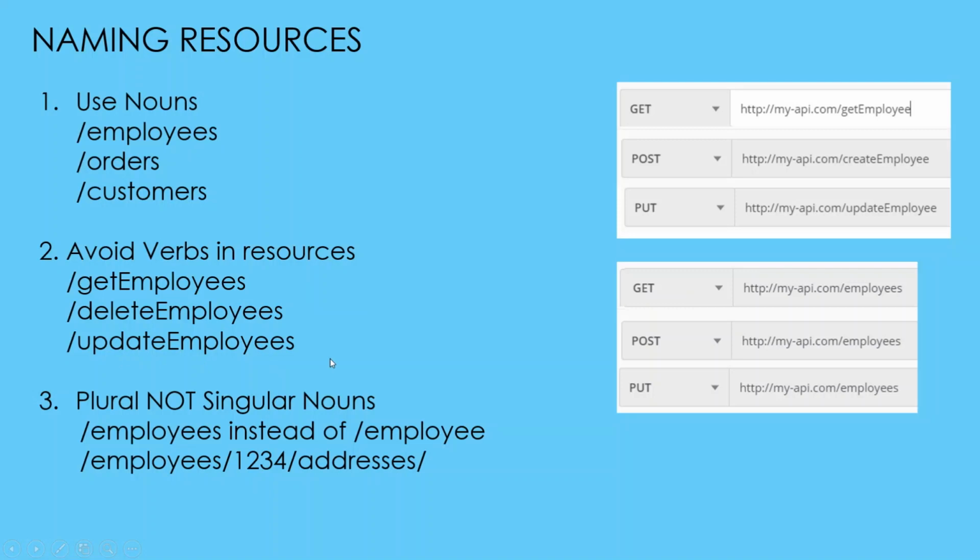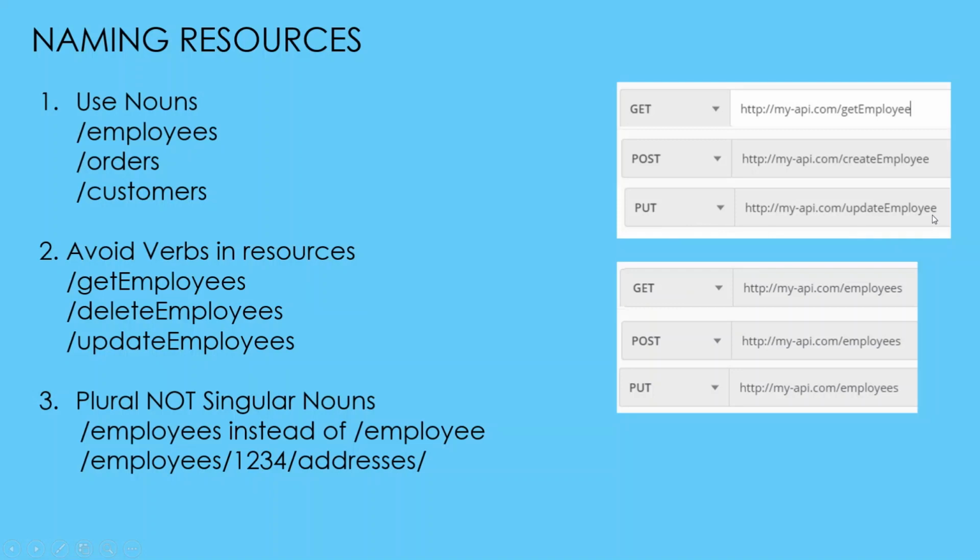Let's understand these two things with the help of the screenshots. So in the first screenshot, we have a resource named as get employee and the HTTP action or verb as get. Next we have a post action and a create employee resource, and the same is the case with the third put action with update employee.